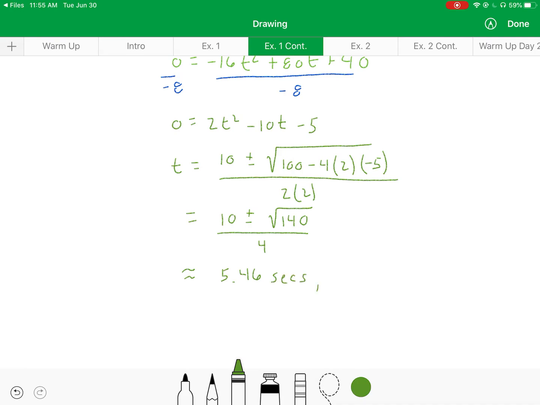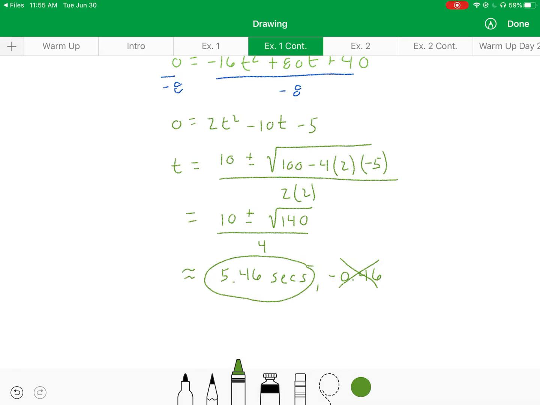And if I did 10 minus the square root of 140 divided by 4, I'm winding up with negative 0.46. You can't have a negative time, right? So we can rule that value out, and we're going to keep the positive value of 5.46. That's how long it takes for this ball to come back down to the ground.